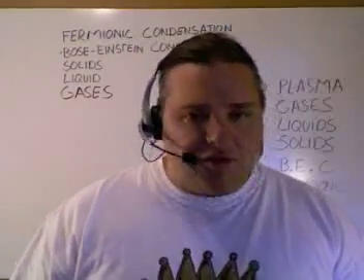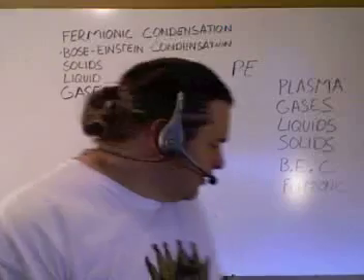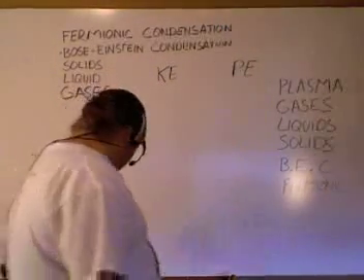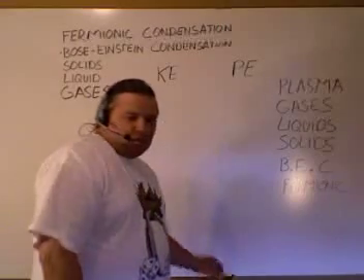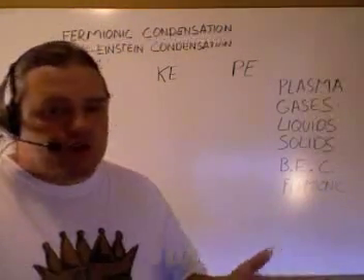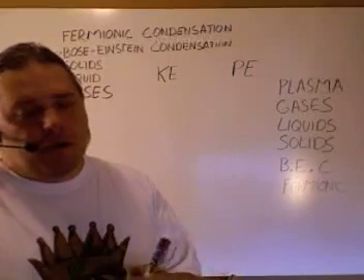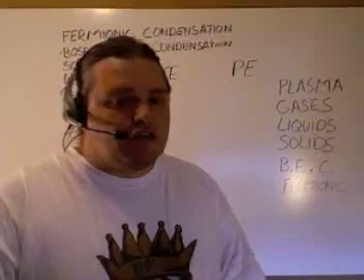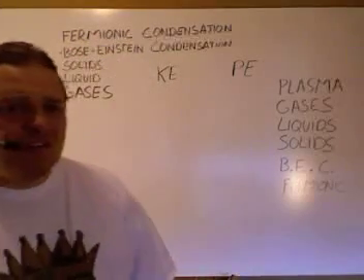The other one is potential energy. When we talk about potential energy for molecular and atomic particles, we can be talking about several different types of potential. Nuclear energy is in there. We talk about the binds, the weak, the strong, they're all in there. The electromagnetic is in there. Not so much gravitational.